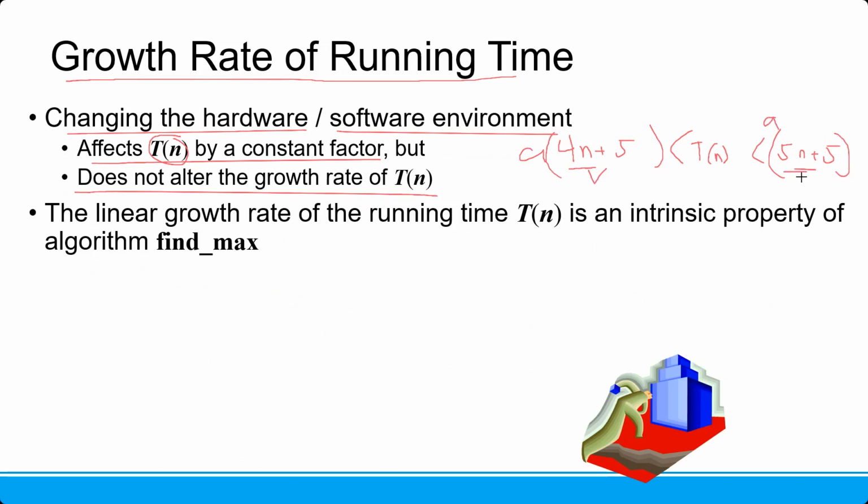Even though this is linear, then this is also linear. So it does not affect the growth rate. So the linear growth rate of the running time Tn is an intrinsic property of the algorithm find max. Because this is linear, we can say this is also linear.